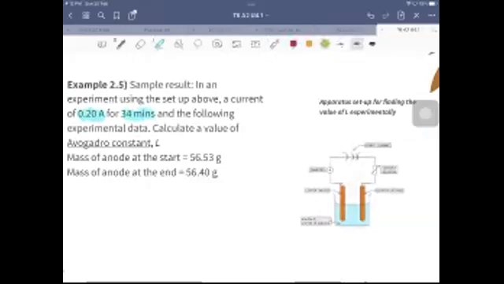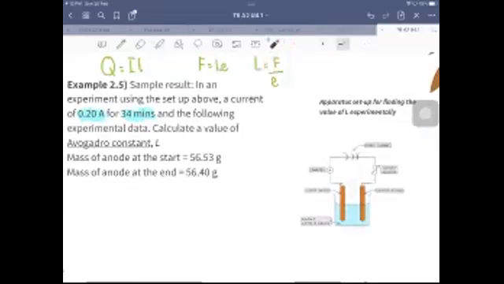So just bear in mind, since you have current and time, you will need Q equals IT, and you also need F equals LE. Rearrange them, you will get L equals F over E. Except that this time your F is an experimental value, something that you can find from the experiment, but not E, right?